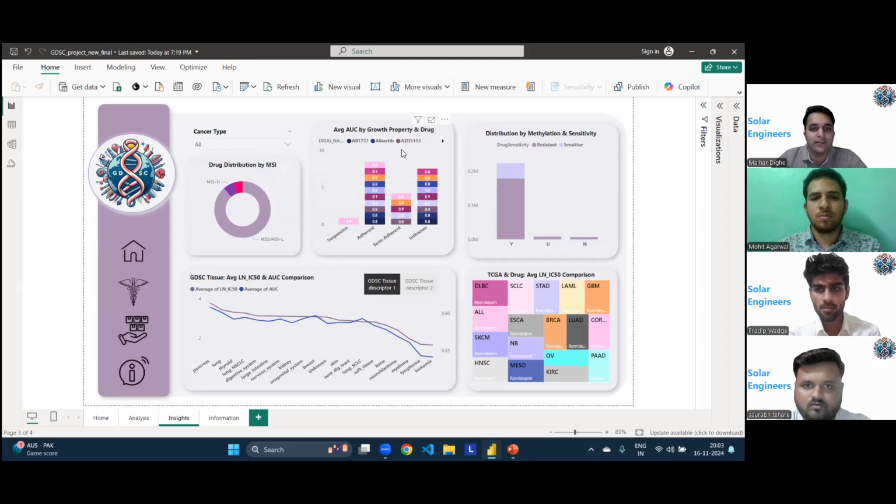Going to the second graph, it shows the average area under curve of growth properties and drugs. It shows four types of drugs, and the higher the value, the closer to 1, the more effective. As you can see, there is suspension, there is adherent, and all the numbers are between 0.8 and 0.9. Now I would like to hand it over to Saurabh.